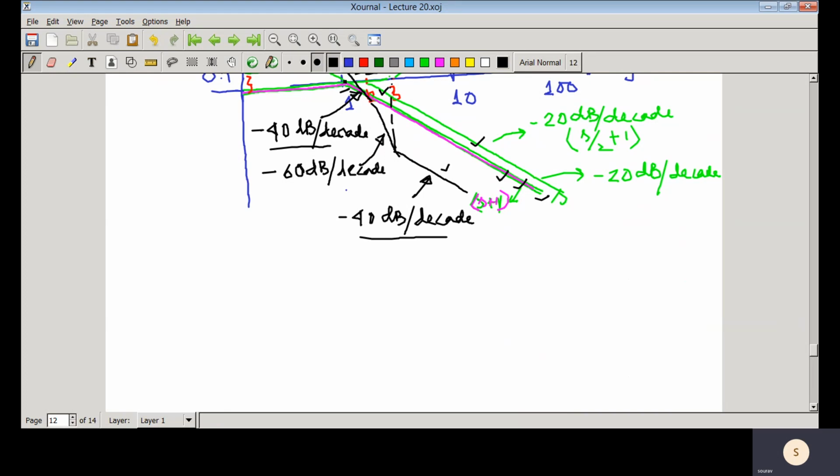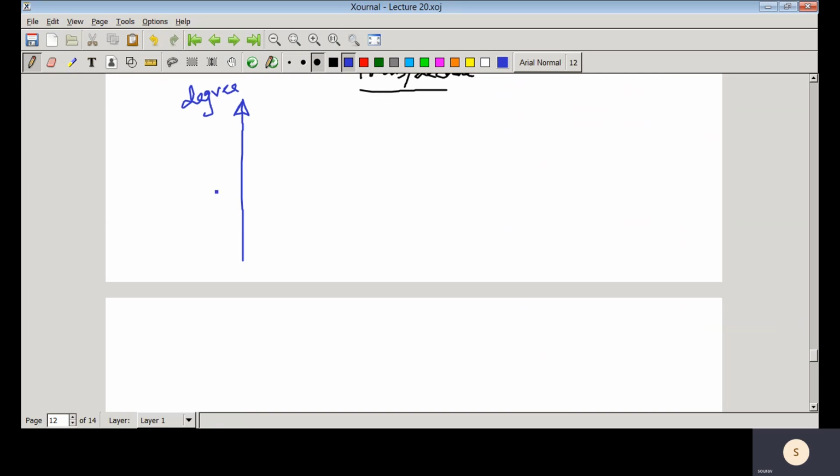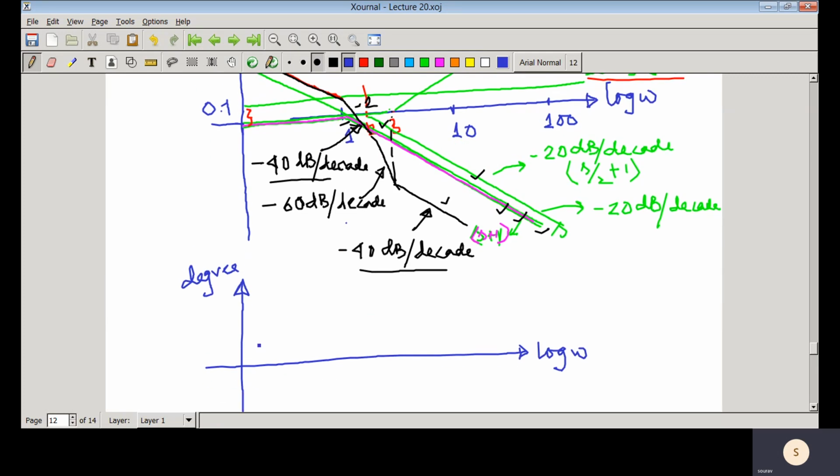So now let us see what happens in case of that phase. So this is that degree, and we can see what would be the phase. Here again we can see what would be that corner frequency.